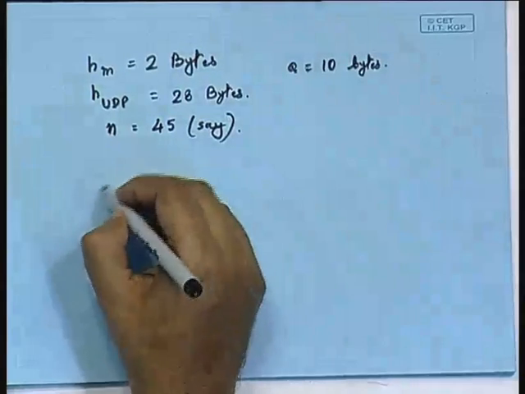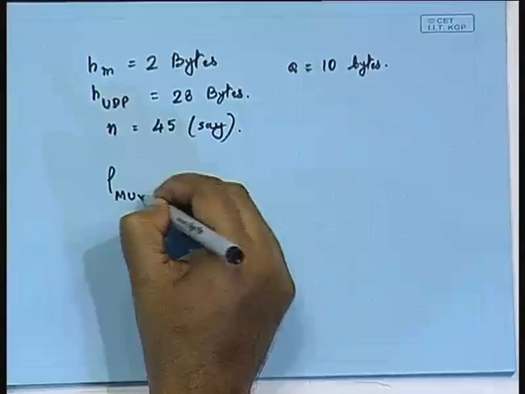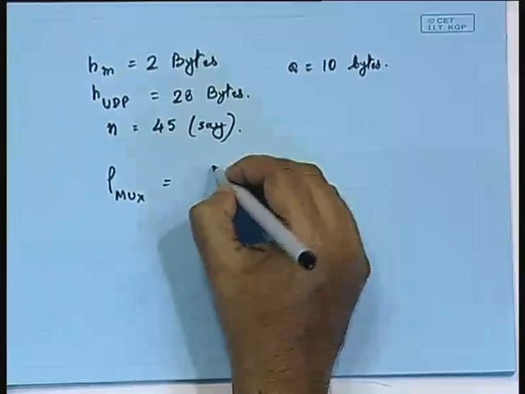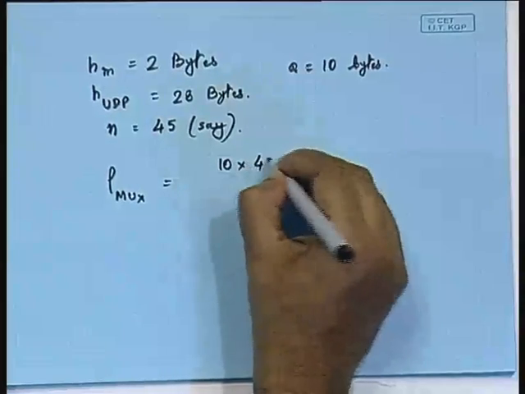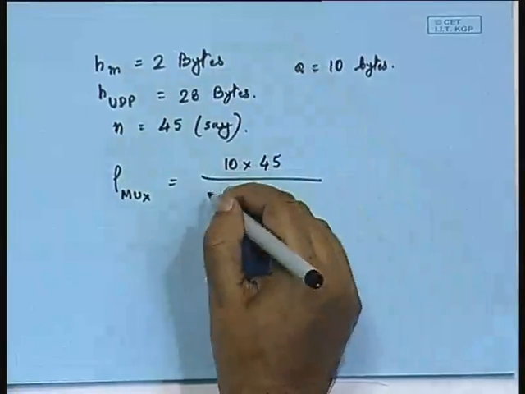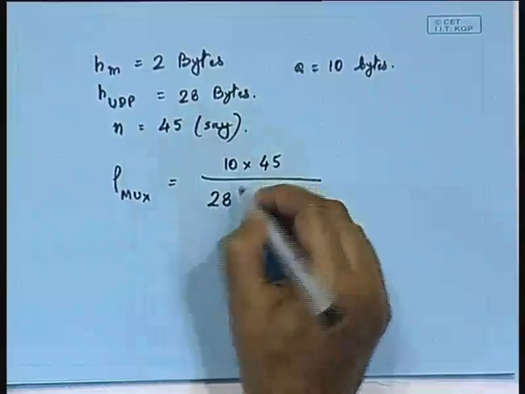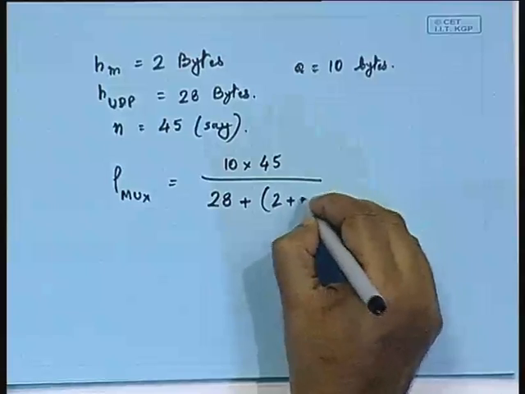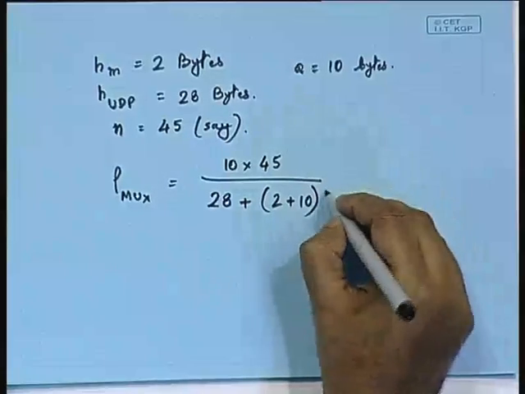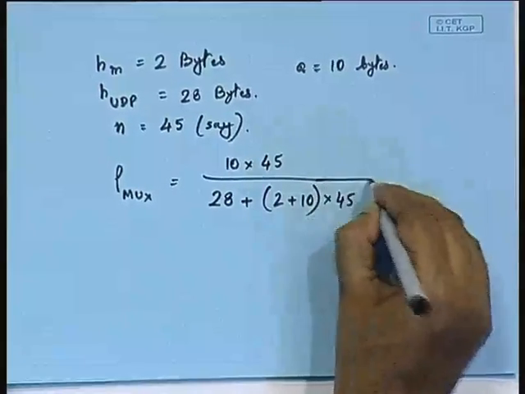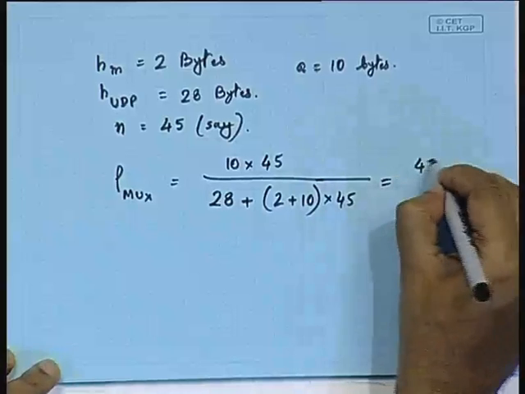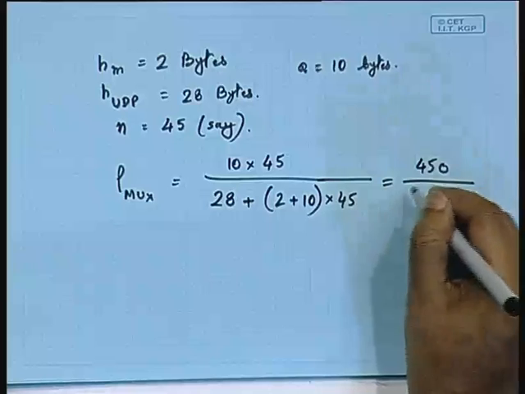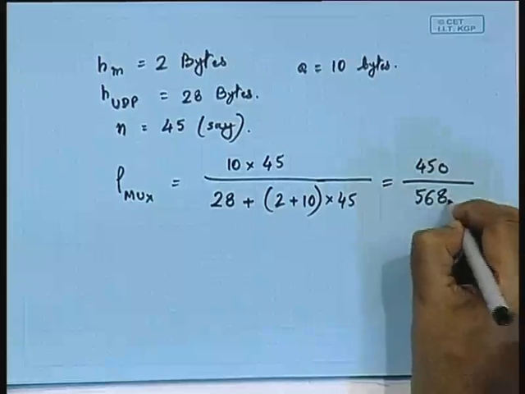Now let us calculate rho max. Rho max will be equal to A into n, so 10 into 45, divided by HUDP, which is 28, plus (HM, which is 2, plus A, which is 10) times n, again 45. So it is 450 divided by 28 plus 45 into 12, which is 540, so 568.